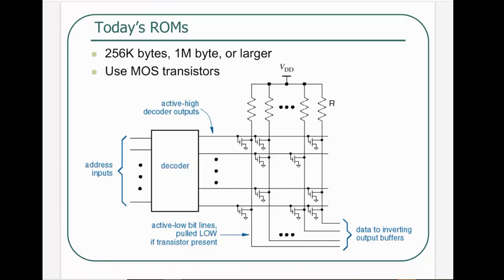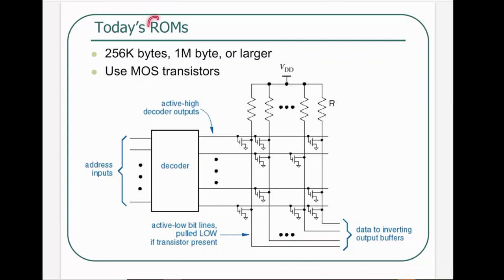The purpose of using ROM is to store the BIOS or the startup programs for a computer, and they are stored right on the motherboard. So today's architectures for ROM use MOS transistors.